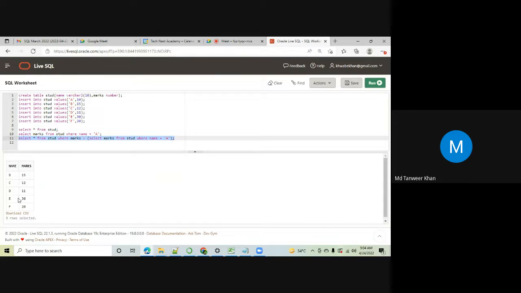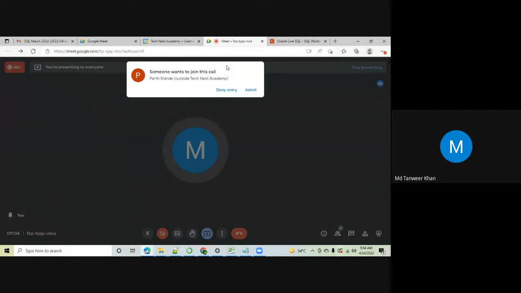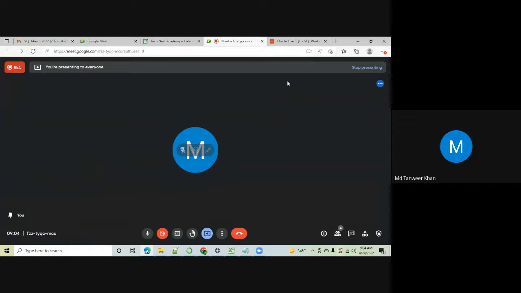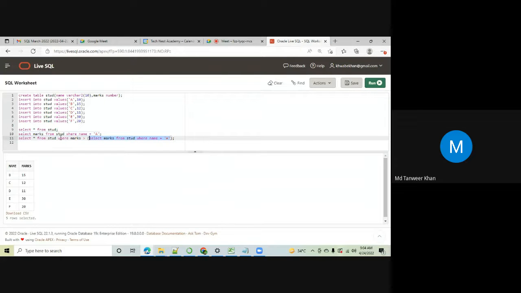Fine. So this was a simple question. We want those student details whose marks are greater than the marks of A. So we have used this inner query. This inner query will give you the marks of that student, and then from that we can find the marks of other students as well.